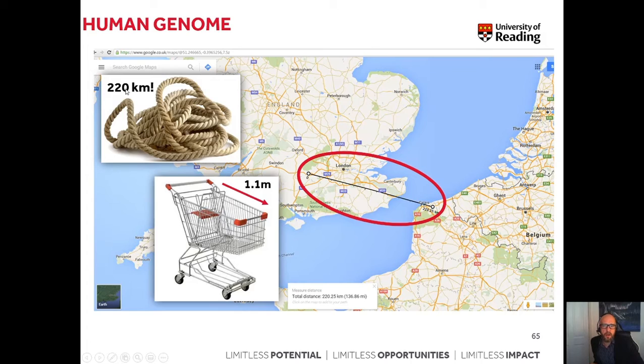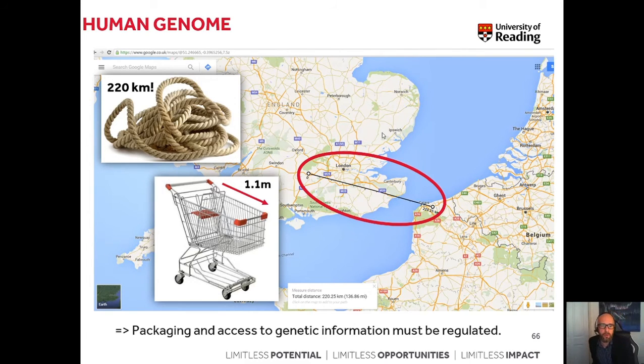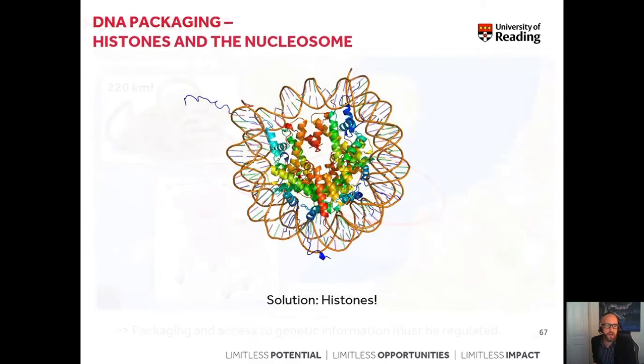And 220 kilometers is roundabout the distance from Reading to Calais in France. So again, we certainly do have a packing problem. Therefore, packaging and access to genetic information in our cells must be regulated.